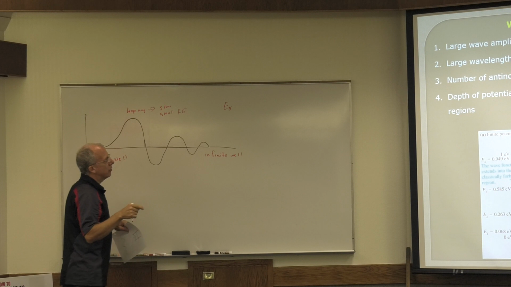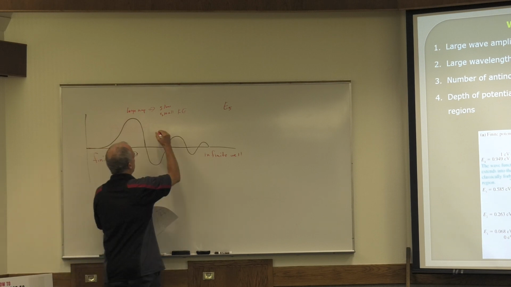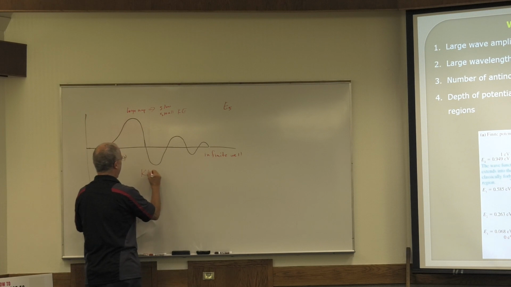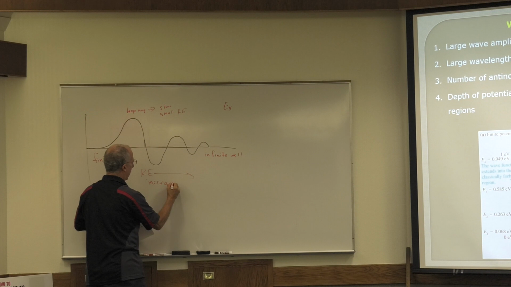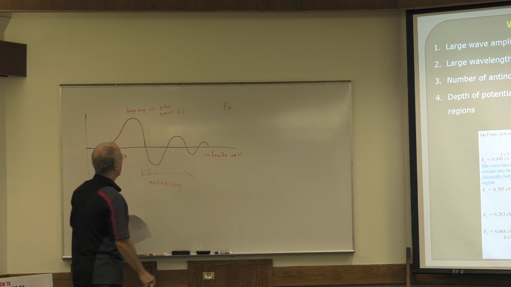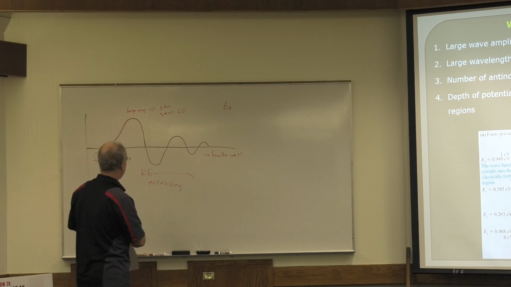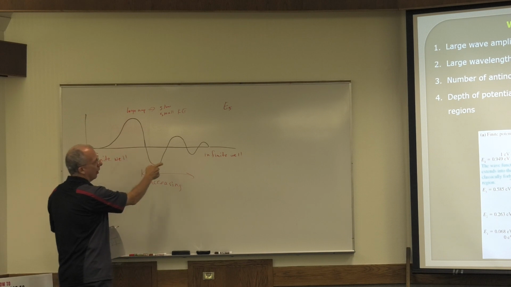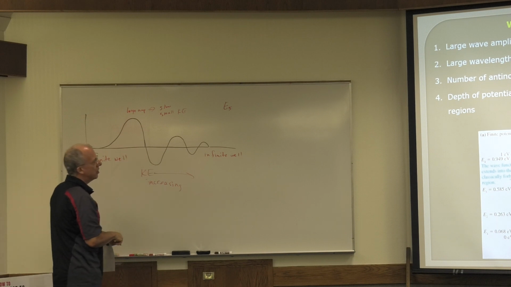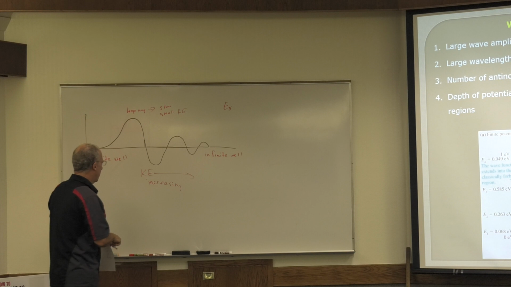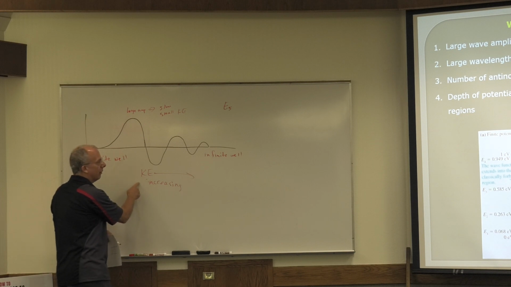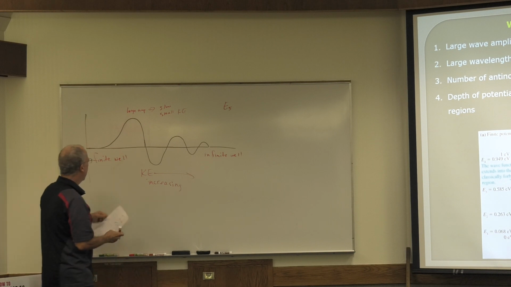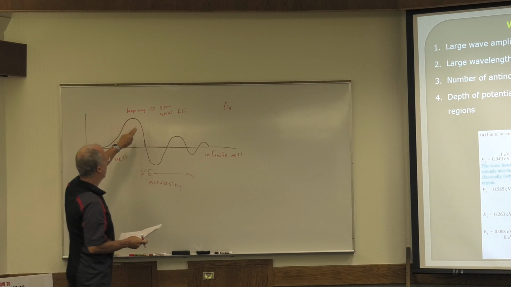If the amplitude gets smaller and smaller, that means that kinetic energy is increasing that way. The wavelength, I don't know if I drew the wavelength right. The wavelength is supposed to get smaller, right? So the wavelength is getting smaller and smaller. So that agrees with this, right? I think we've pretty much covered everything.